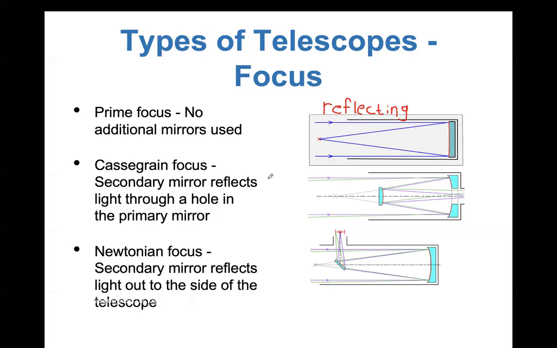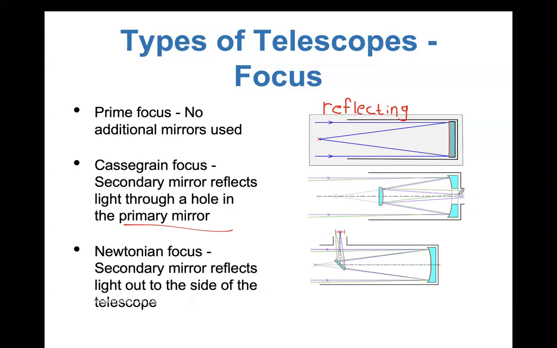When you have a Cassegrain focus, now there's a hole in the back of the main or the primary mirror, that's the term, and that allows the light to reflect off the secondary mirror, which you can see placed in the middle of the shaft of the telescope. And so ultimately, the focused image is being created directly behind the primary mirror.